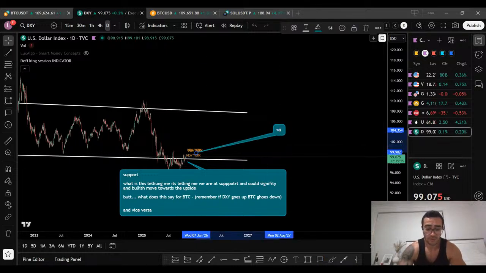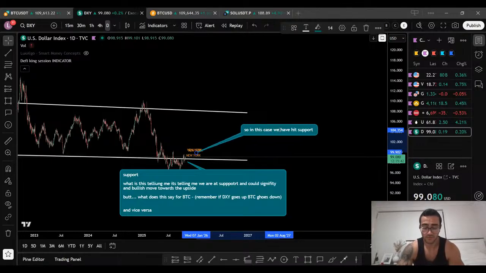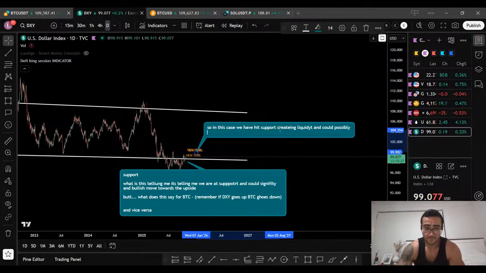So in this case, we have hit support, creating liquidity, and could possibly start to rise, signaling a bearish move for Bitcoin.